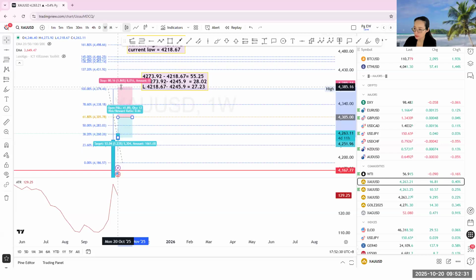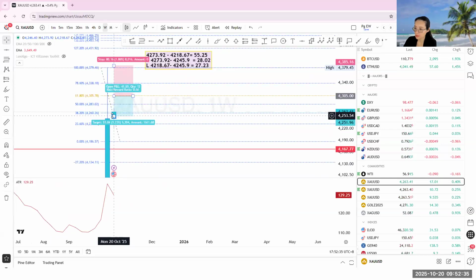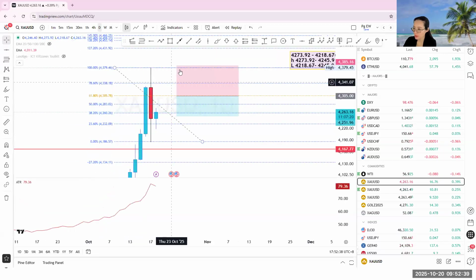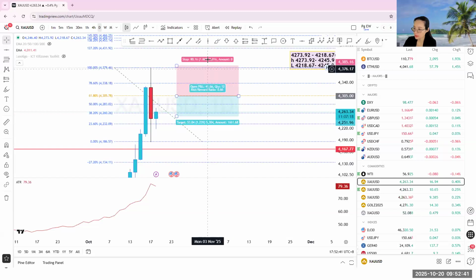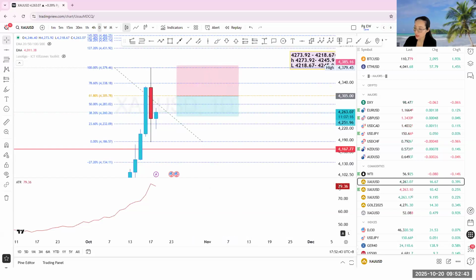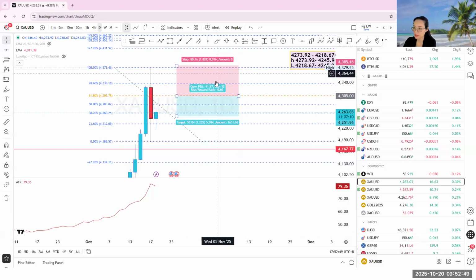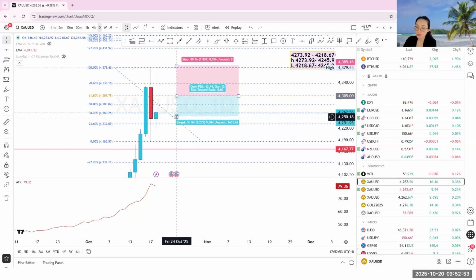Let us put 8,000, it's 8,000 points. 100 points is 10 pips.